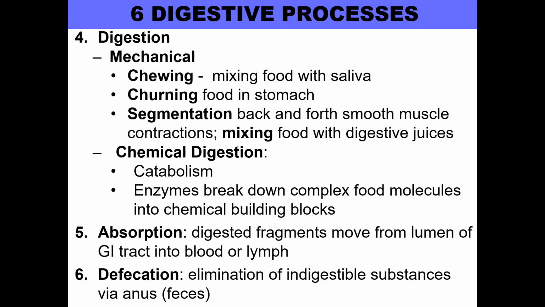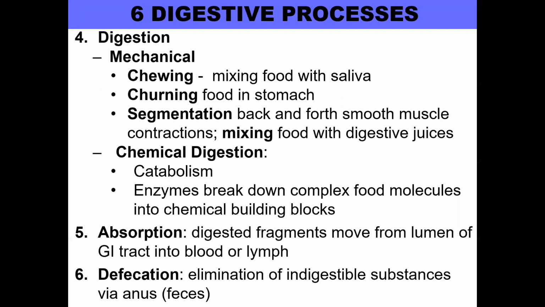So if you ate a hamburger, it is now just smaller pieces of hamburger that have not been chemically changed at all. Mechanical comes in several different forms: chewing, obviously, mixing the food with your tongue, biting it with your teeth, and making smaller parts of the hamburger. When the hamburger gets to the stomach, we're going to have some churning and mixing, but we're not chemically absorbing anything in mechanical.